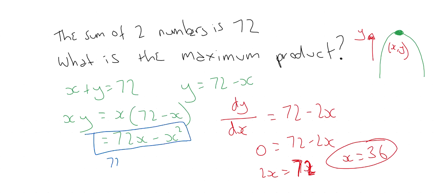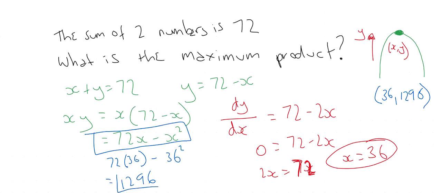So 72 times 36 minus 36 squared, and that gives me 1296. So that means this turning point is 36, 1296. So that means the maximum product of any two numbers that sum to 72 is going to be 1296. This is my solution. Make sense?